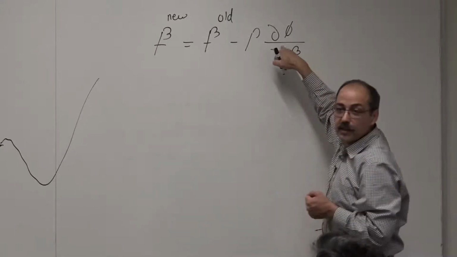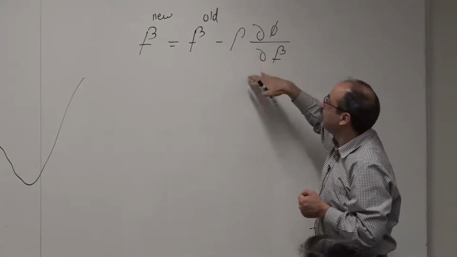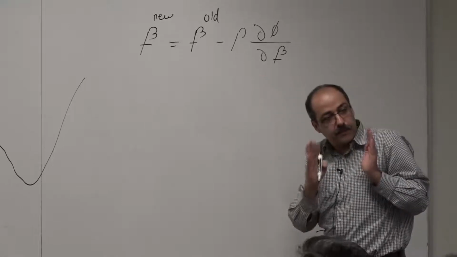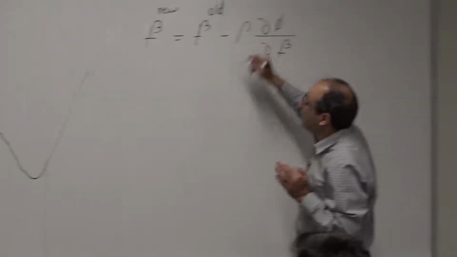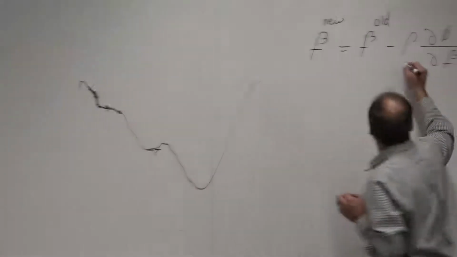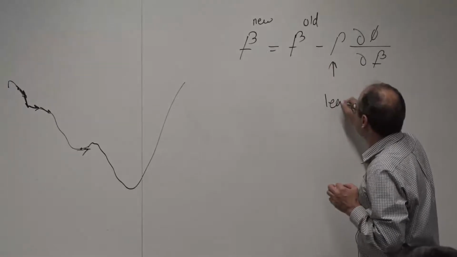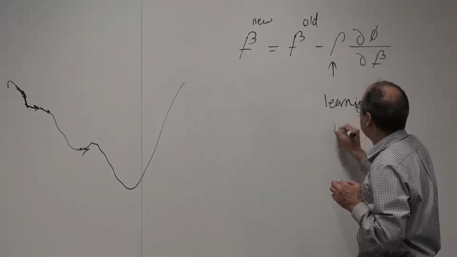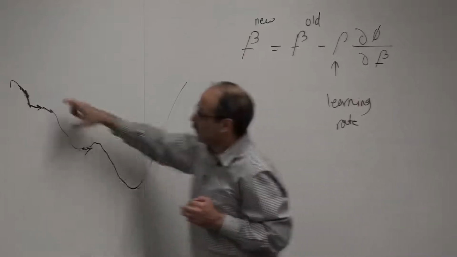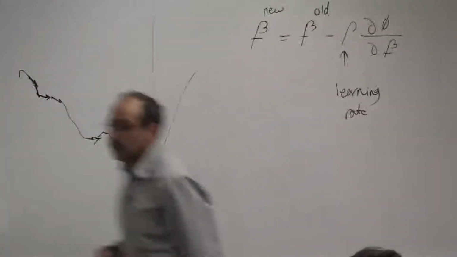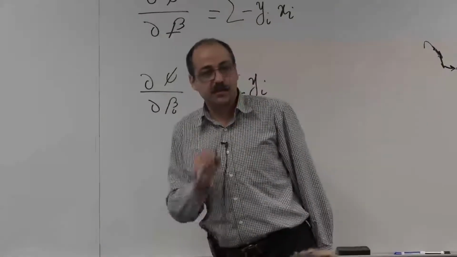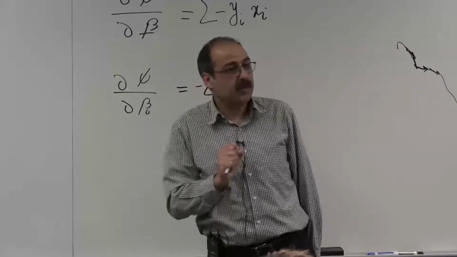You take the gradient, which is basically the direction towards the minimum, and then you take one small step. This is called the learning rate, and the learning rate tells you how large or how small your step should be. A large lambda means you take a large step, and a small lambda means that your step is small.